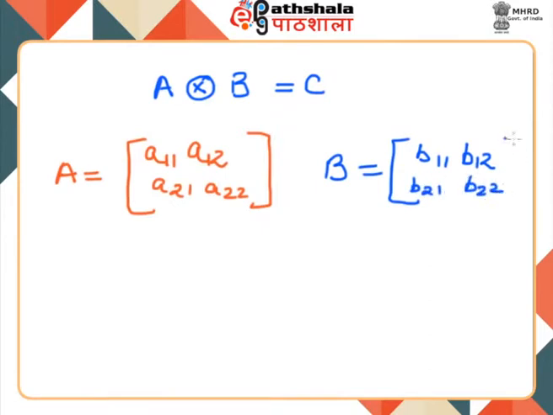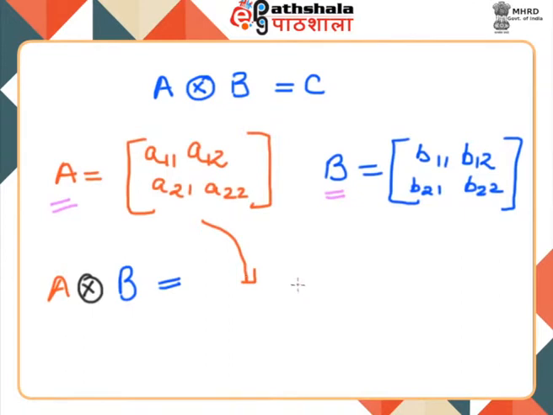So this is also a 2 by 2 matrix. Now, if we have to find the direct product between A and B, we can rewrite it as this multiplied by this.